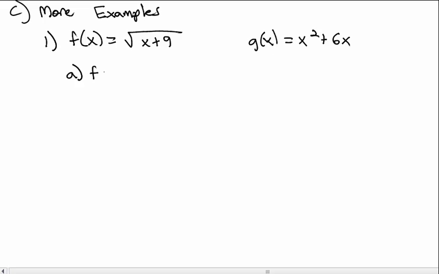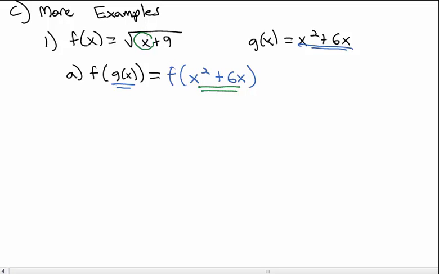First we're going to find f of g of x. So again, g of x, the inside stuff, inside of the f function, is that x squared plus 6x. So we're going to take that stuff and stick it into the f function.